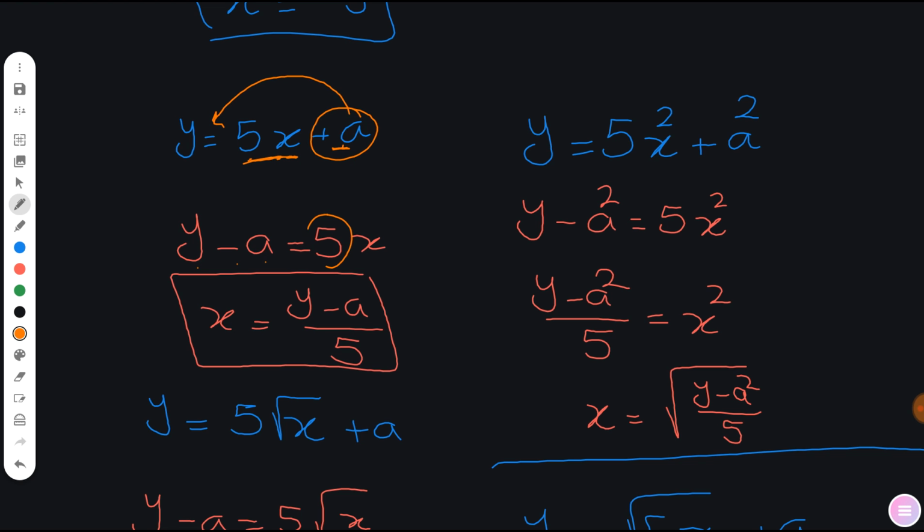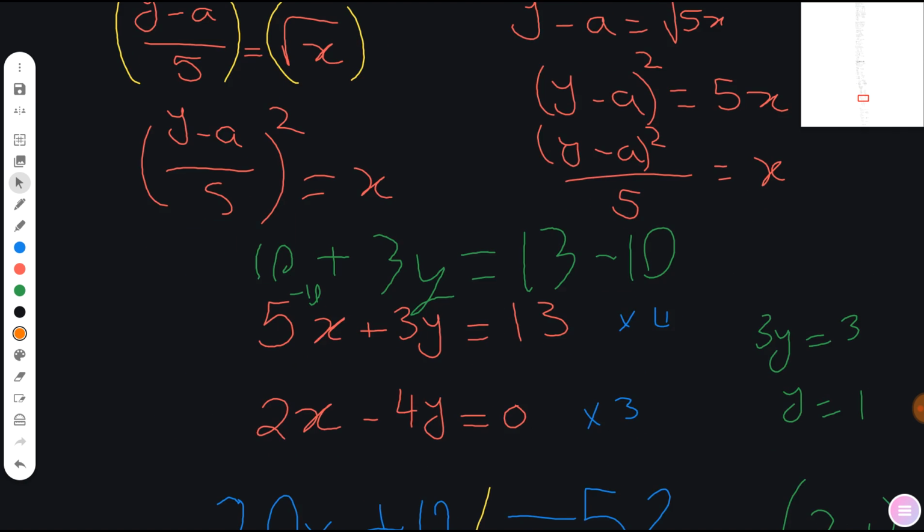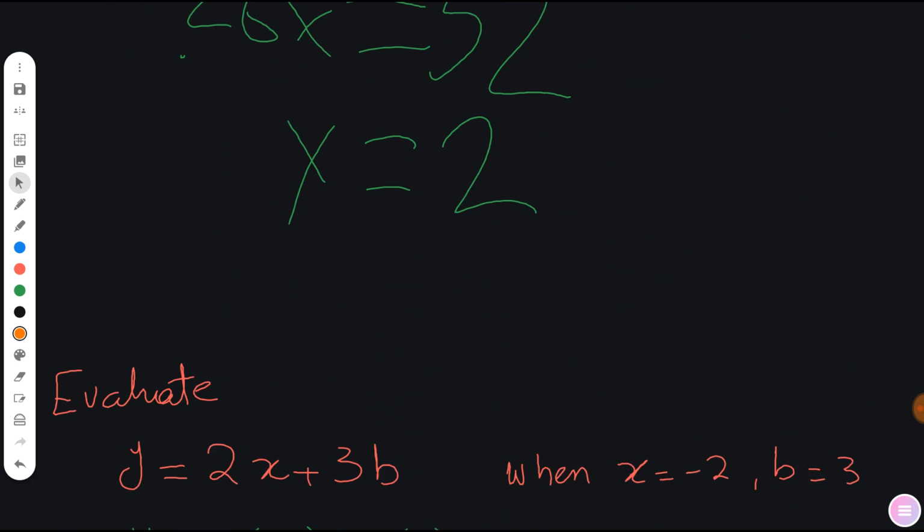Okay, we also have a solution for simultaneous equations. Before we do this, how to evaluate y equal to 2x plus 3b when x equal -2 and b equals 3? This is substitution.